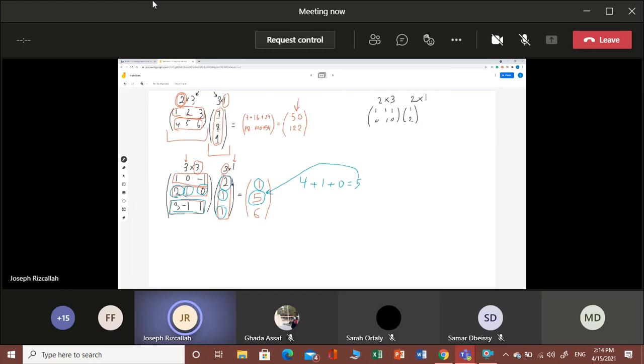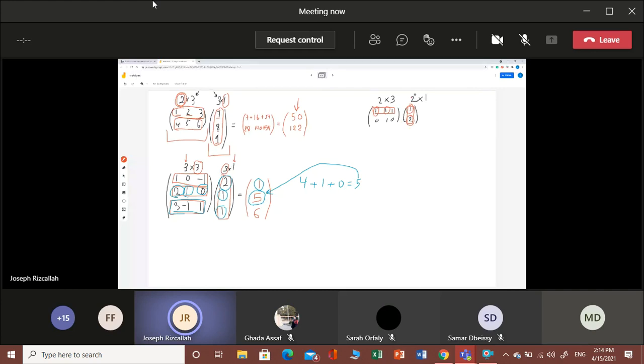You will be able to pair this one with this one, and then this one with this two, but you will be left with this one here. This one will not be paired to anything in this column, because this column contains only 2 entries, while the row here contains 3 entries. So it's not possible to define the multiplication.